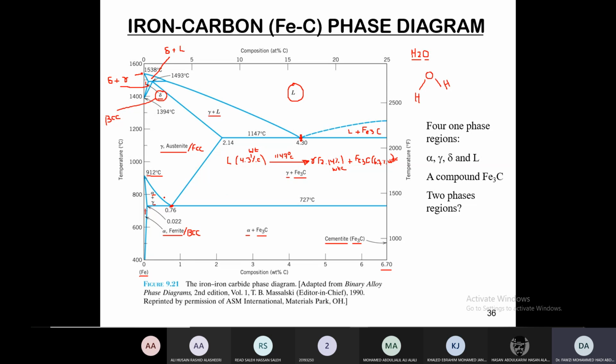Here it occurs from solid, which is gamma. You go down from here, from a solid gamma to two solids, the alpha plus the cementite. If we want to write the transformation equation for that also, we can do that, going just above. This point is called the eutectoid in this case.